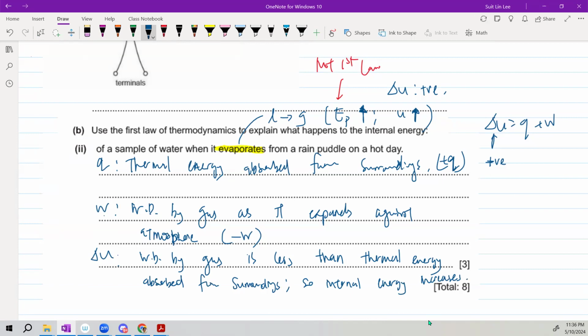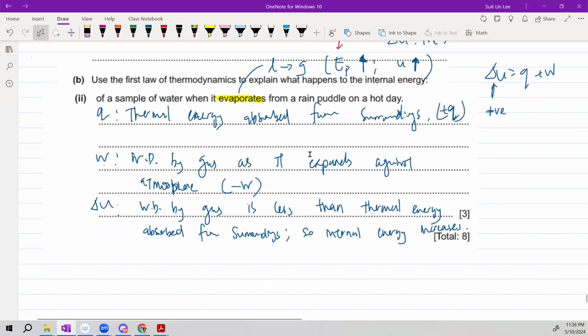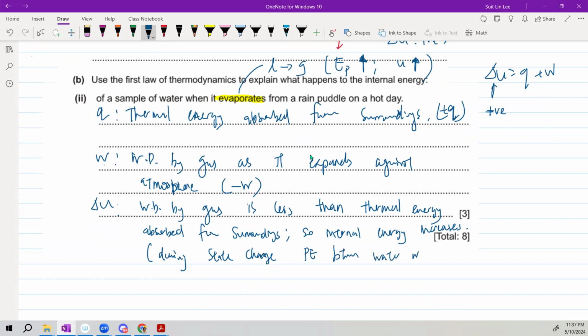I'm going through an alternate route to argue my point by sticking to the first law of thermodynamics. But if during the exam you have extra lines, I will also say that during state change, the potential energy between the water molecules increases. I mean depending on the kind of state change: solid to liquid to gas, in this direction, the potential energy increases.